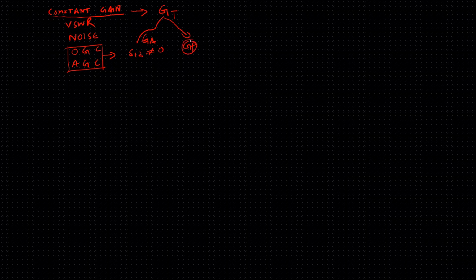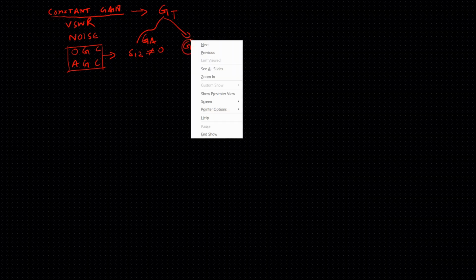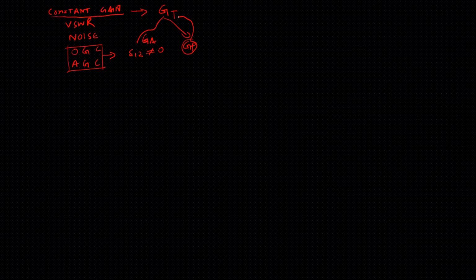You need to design for one, and you can then convert your gain to the other definitions of gain. But for today only concentrate on GT. I'll take up the other gains and when they are specifically used in my subsequent lectures.